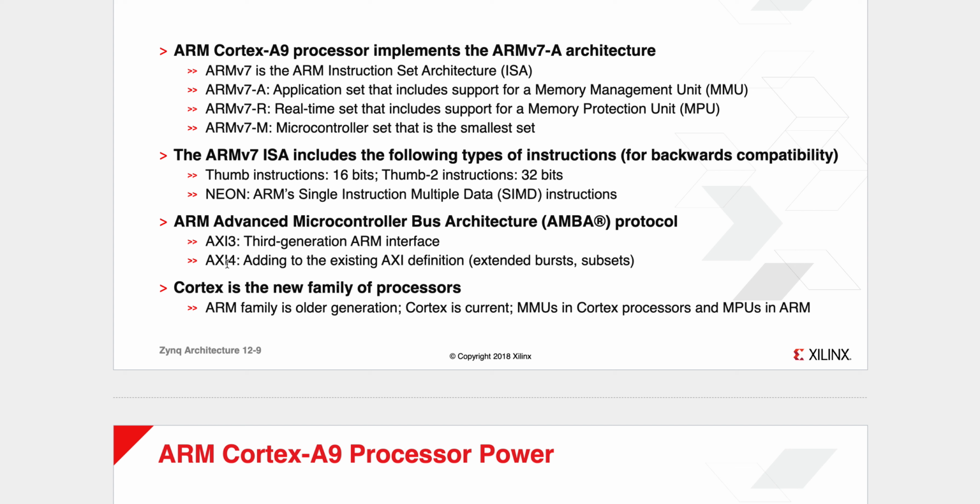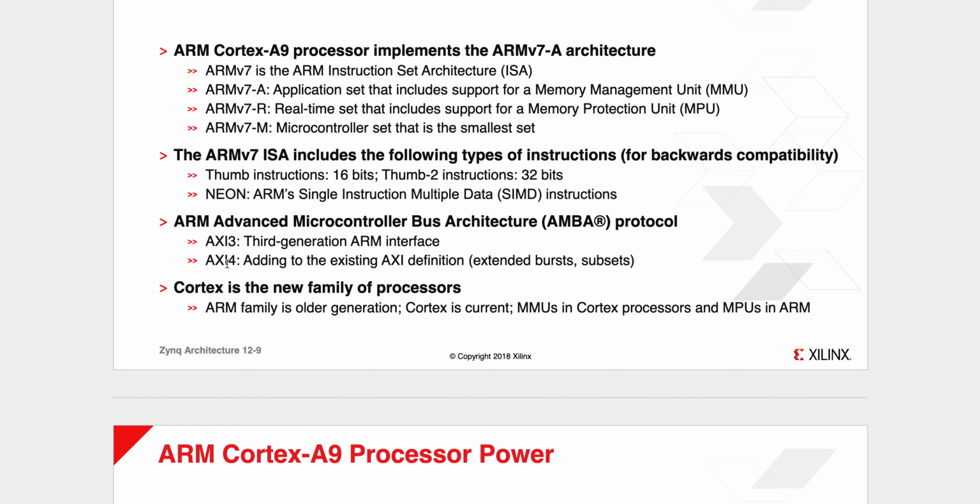Why? Because it itself contains an MMU, while the previous or old ones, like the ARM Cortex-A9, implement the ARMv7-A, which is an application profile that includes the MMU, or memory management unit.